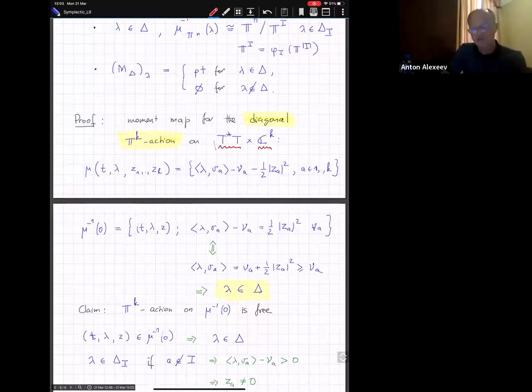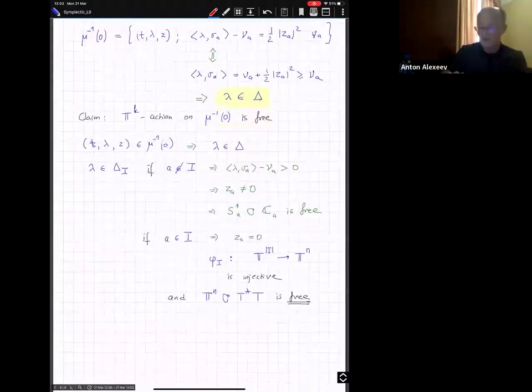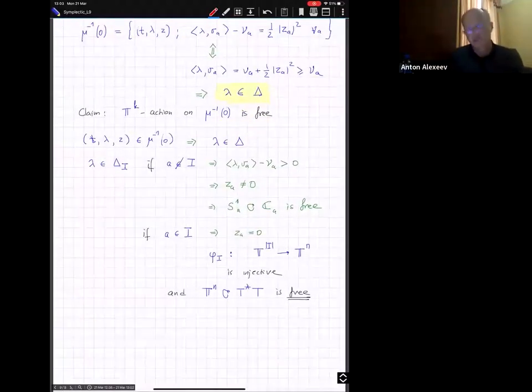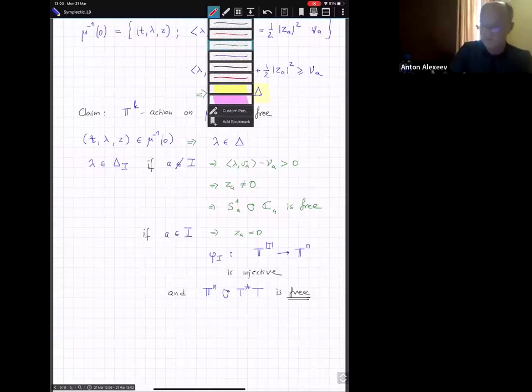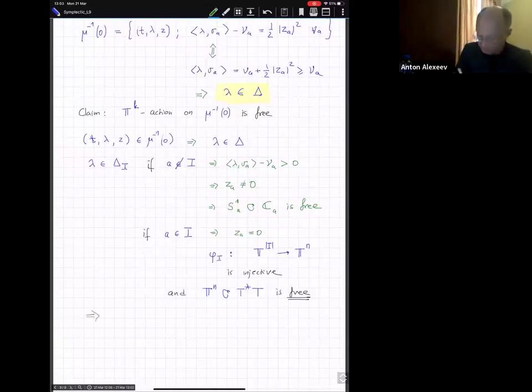One family acts freely on the first component, the other acts freely on the second one, but in total, they always all act freely, which is amazing. So that's the conspiracy of all our definitions, all this work, just to say that now the TK action on the fiber is free.